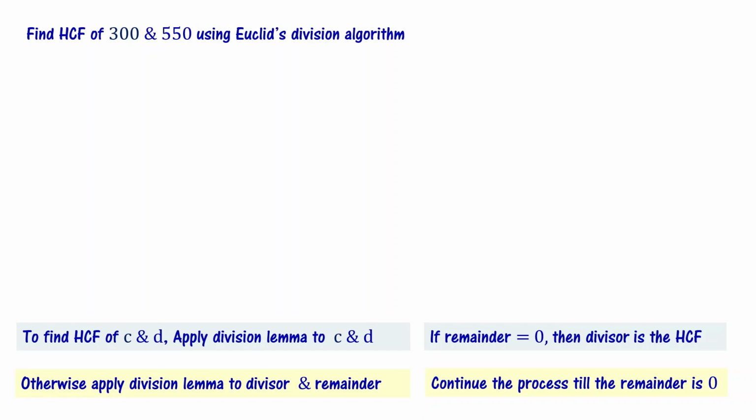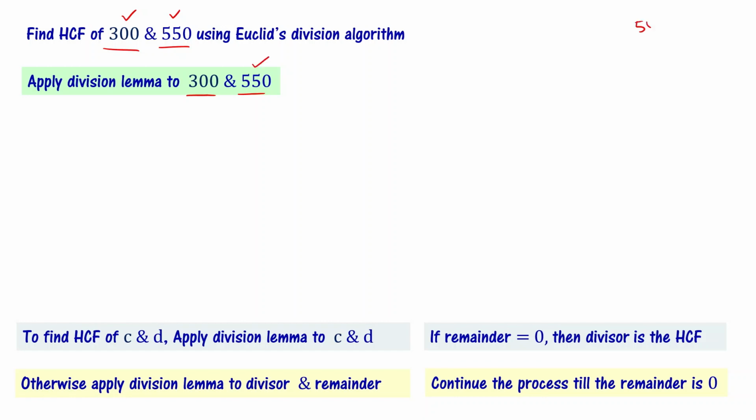Let us now look at another problem, that is find HCF of two numbers 300 and 550 using Euclid's division algorithm. Okay? Division algorithm lo first step enti, we have to apply division lemma to the given numbers, right? Let's apply division lemma to 300 and 550. 550 is the bigger number, so it's going to be our dividend.